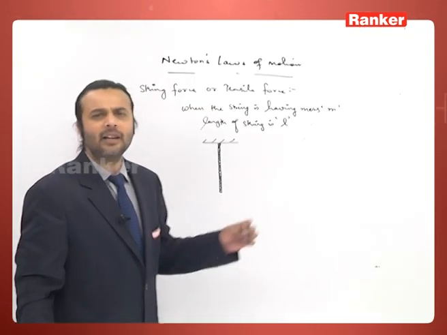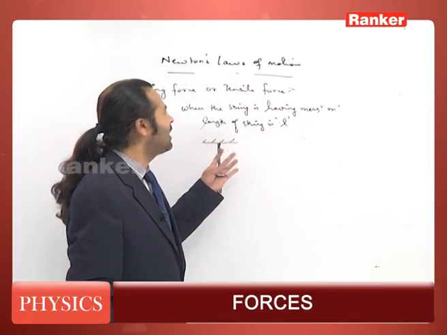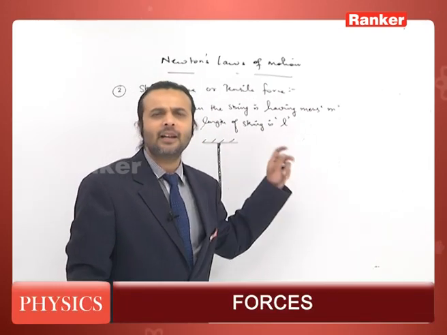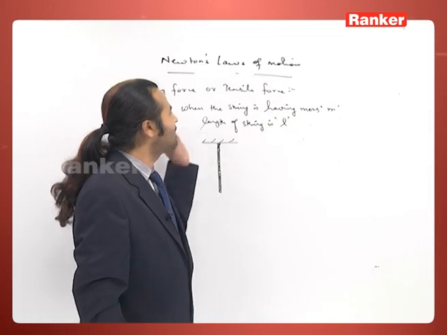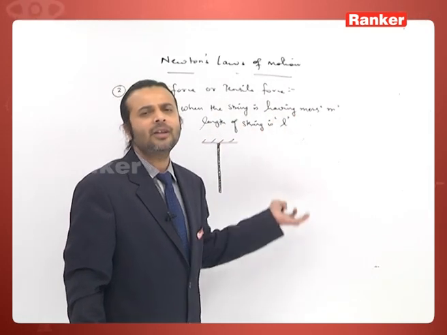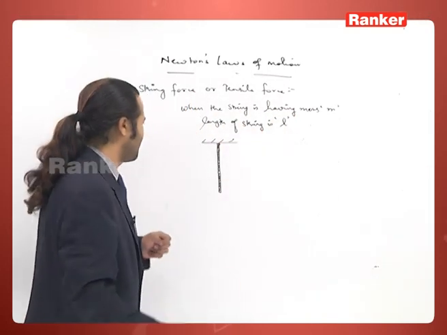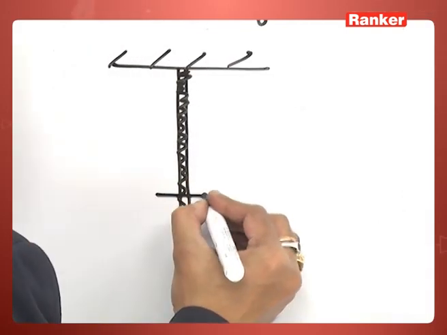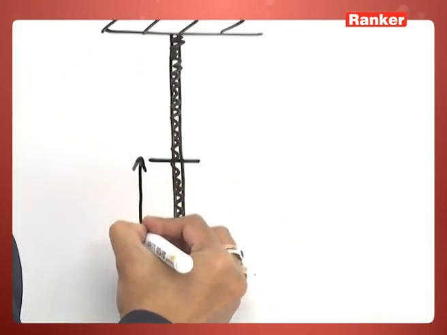Earlier, as discussed, if the string is massless, tension is the same throughout. Now when the string is having certain mass, how does the tension vary? Let us calculate it at some certain point at a distance x from this.